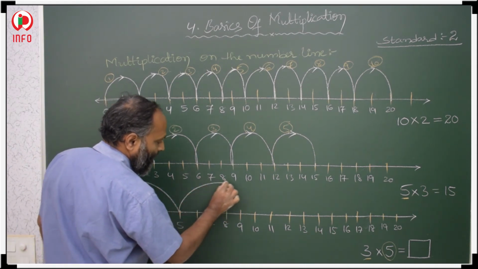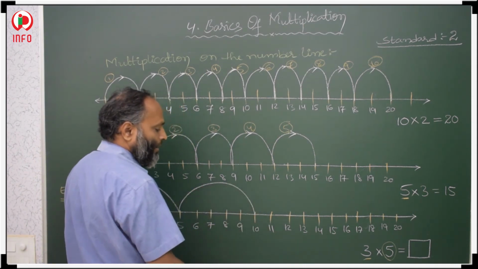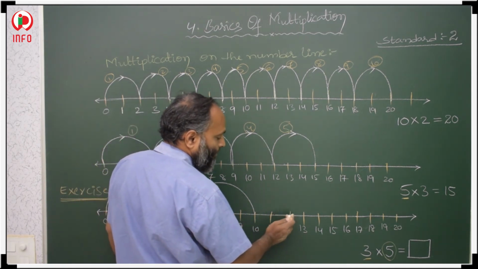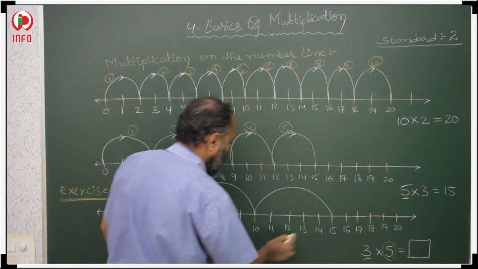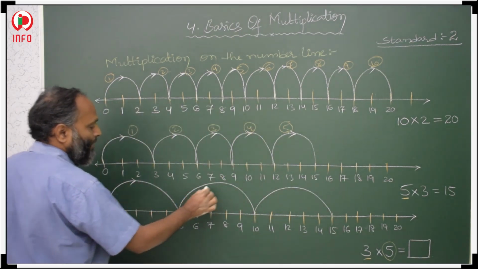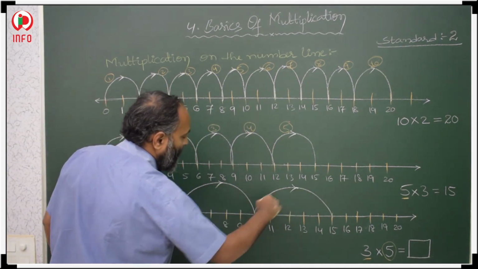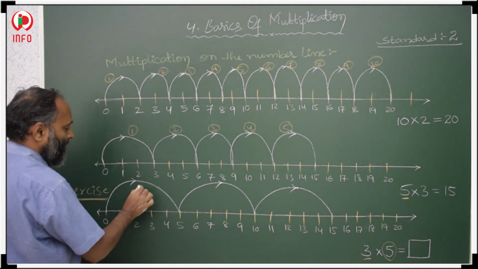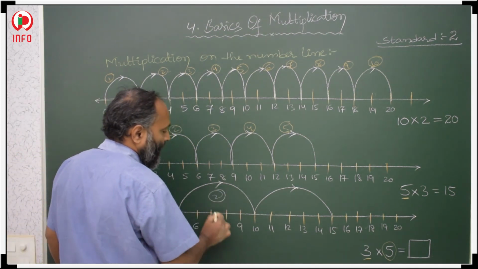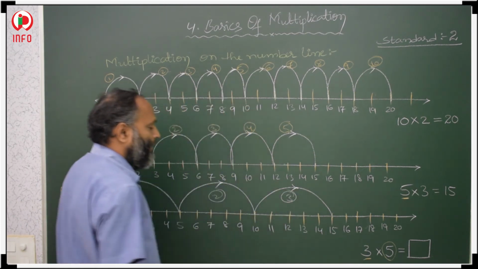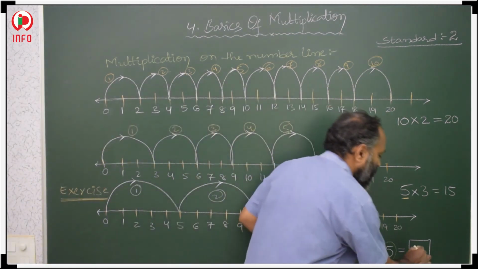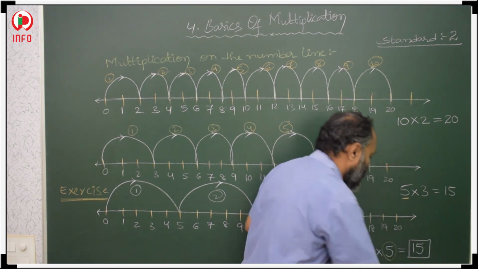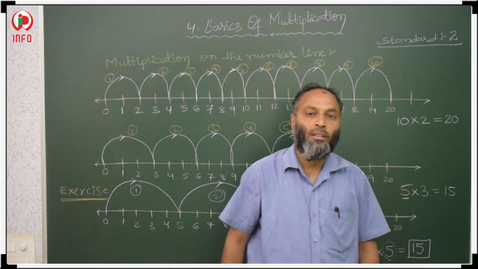Second, 5 to 10. Then again 1, 2, 3, 4, 5. 10 to 15. How many times? 3 times. This is first time, this is second time, this is third time. If you skip count 3 times, then where does it stop? 15. 3 5s are 15.